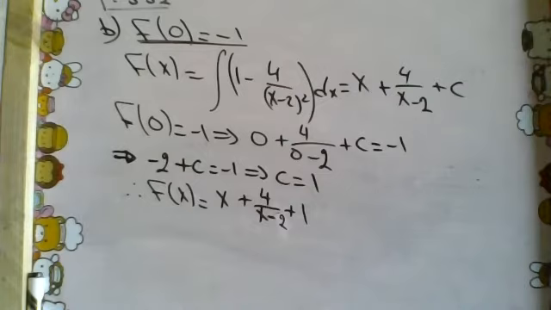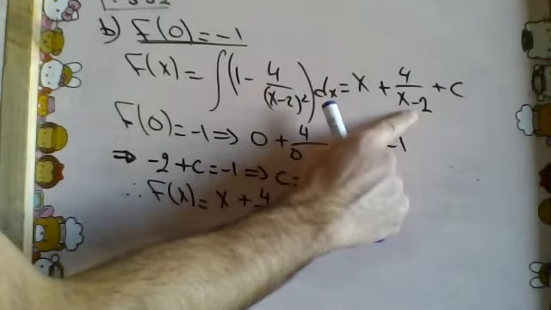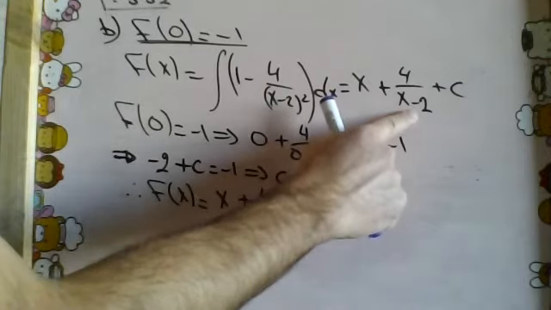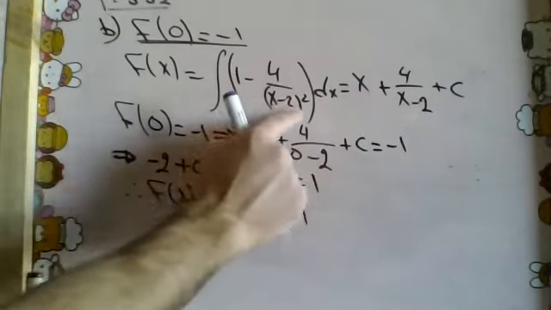Rawad: Sir, why is it 4 over x minus 2, is it x minus or plus?